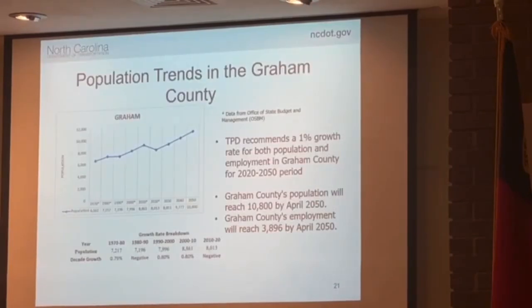The next is the population trend in Graham County. This is actually part of the request that we have right now. What we need from Graham County is a motion for approval of the growth rate of the population and employment. So if you look at the OSBM, Office of the State Budget and Management, can you see the numbers?